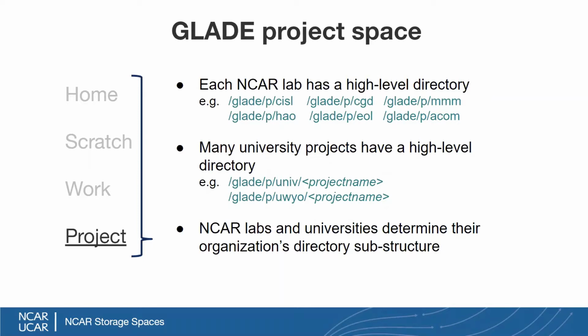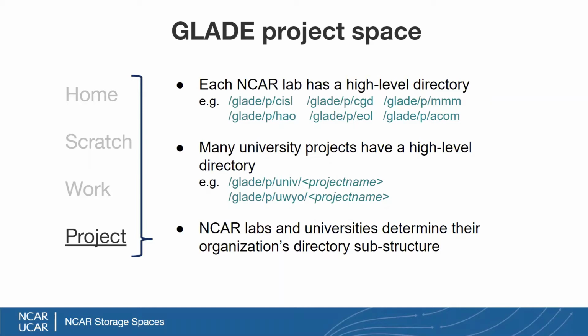There's examples here. It wasn't intended to be exhaustive there. But the high-level directories are Glade P lab name. Many, but not all, university projects have a high-level directory as well, Glade P UNIV/project name, or Glade P University of Wyoming project name.